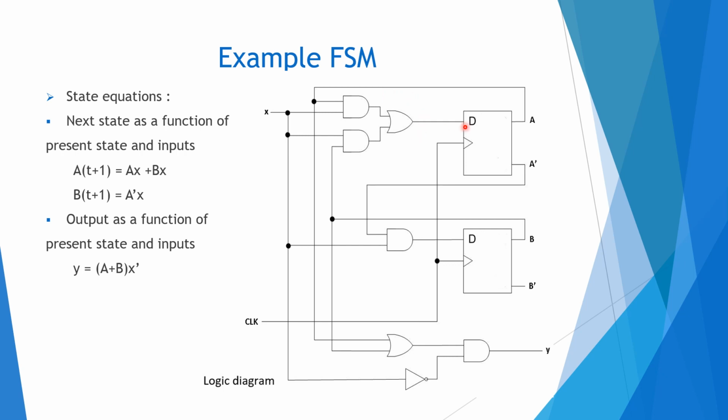The D input of the A flip-flop is AX plus BX, and this is the next state of the B flip-flop, that is, you can see A bar X. And the output as a function of present state and inputs is Y equals (A plus B) into X bar. So here you can see the output is a function of inputs and present state. So it is called a Mealy machine. This is a Mealy FSM.